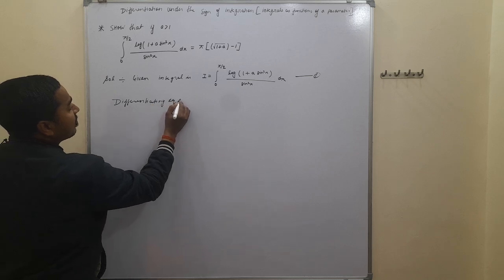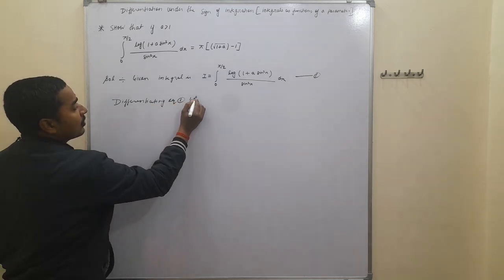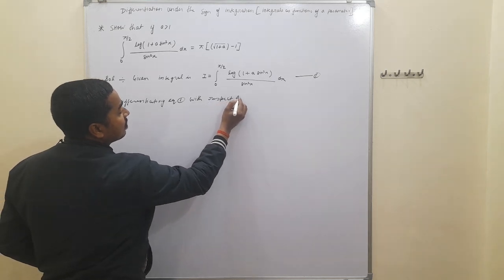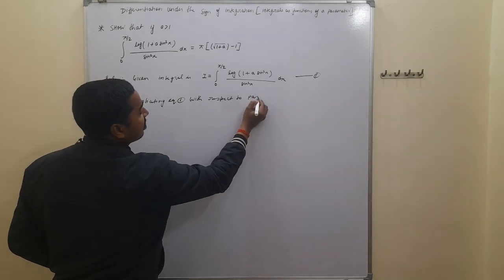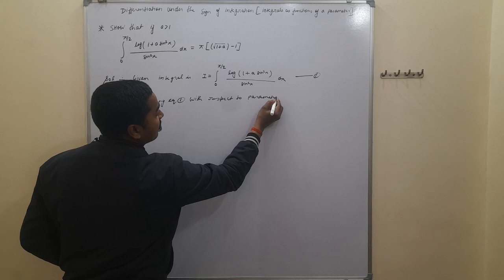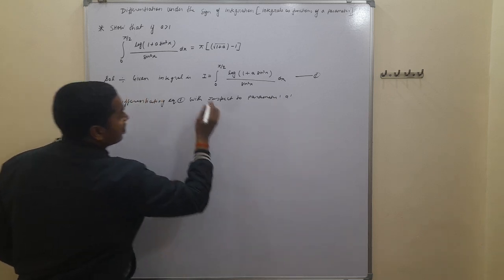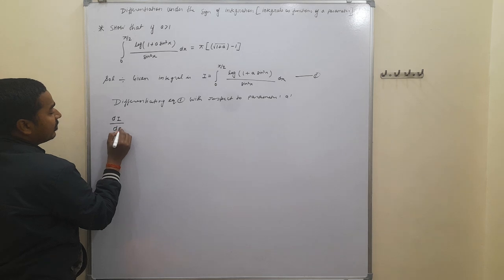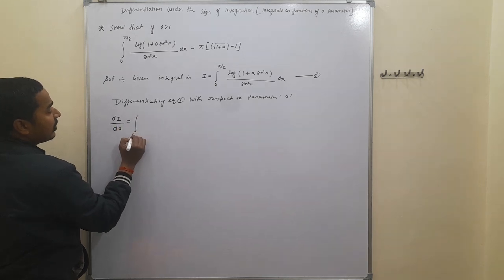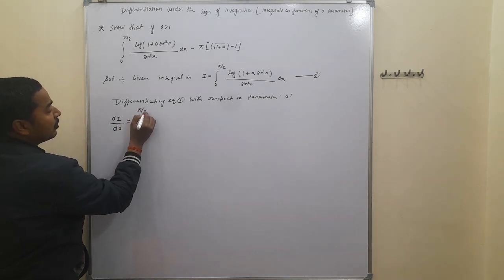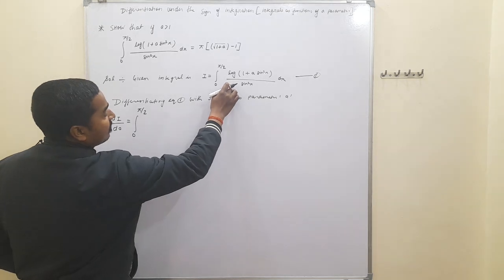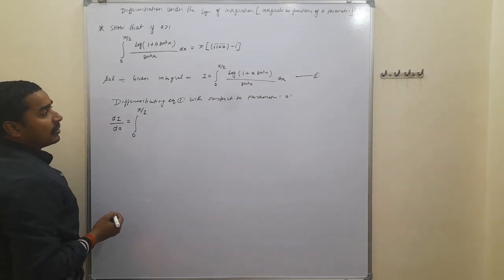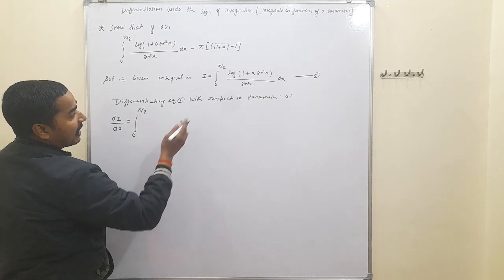Differentiating equation 1 with respect to parameter a, dI upon da is equal to the integral from 0 to pi by 2 of the derivative of log of (1 plus a sine square x) with respect to a.